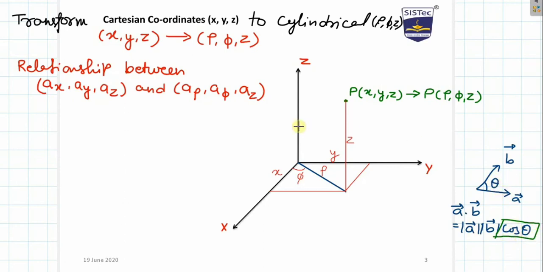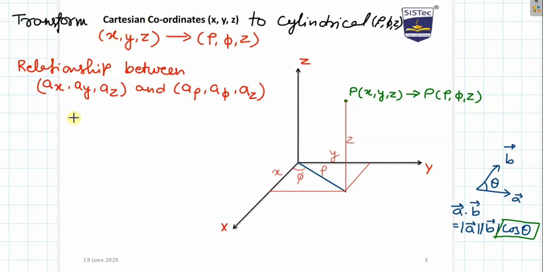Here also we have ax, ay, az, and we have to derive geometrically the dot products of the unit vectors: ax dot a rho, ay dot a phi, az dot az, and so on.